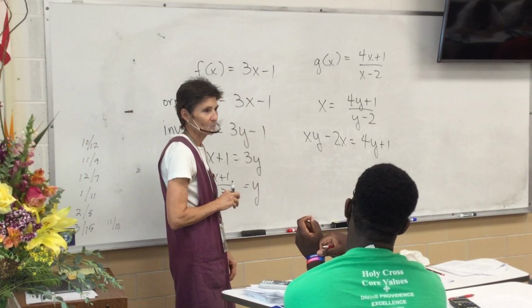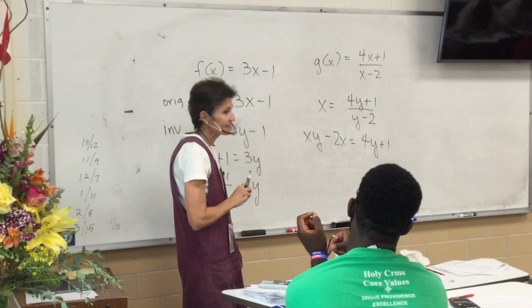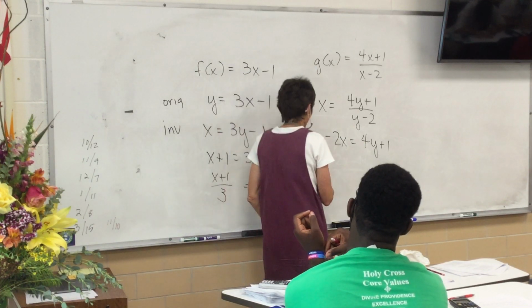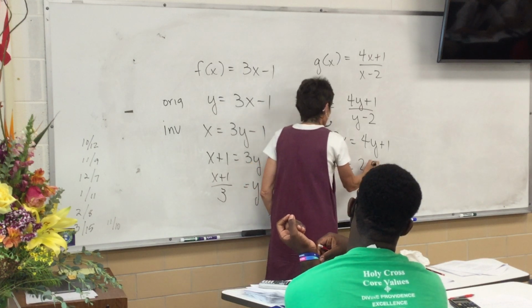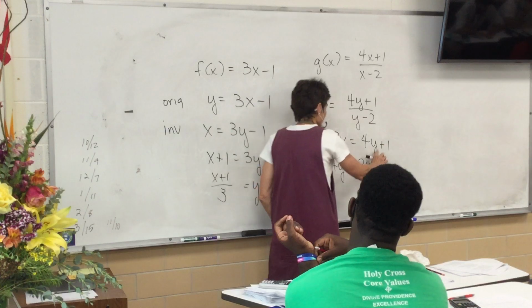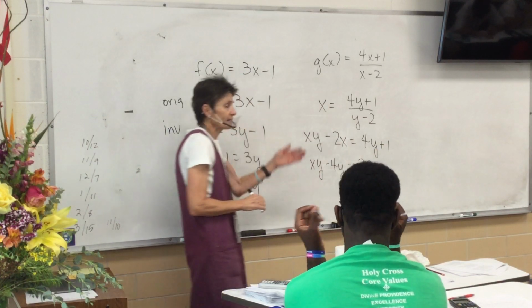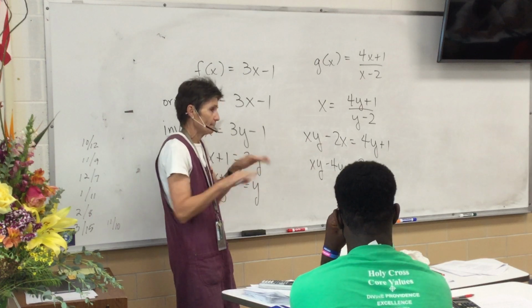So then, what do you think? Mr. Whalen? Leave the y's on one side and distribute. Exactly. We need to get all the y's on one side, and it does not matter which side. So I'm gonna go ahead and bring this y over here and move the 2x over here.